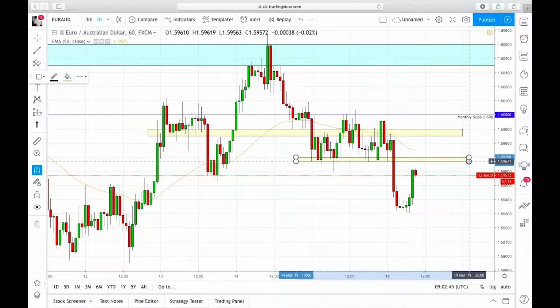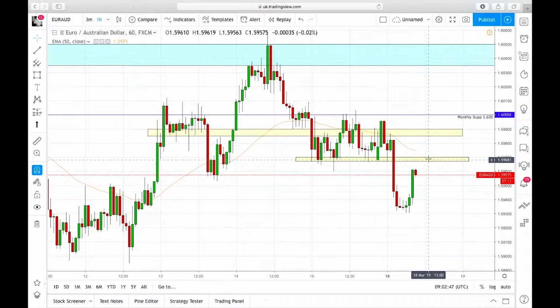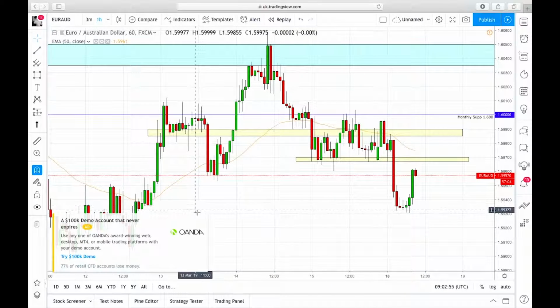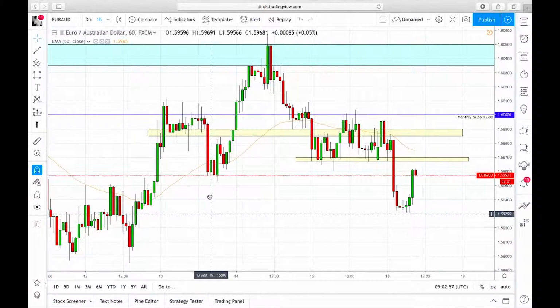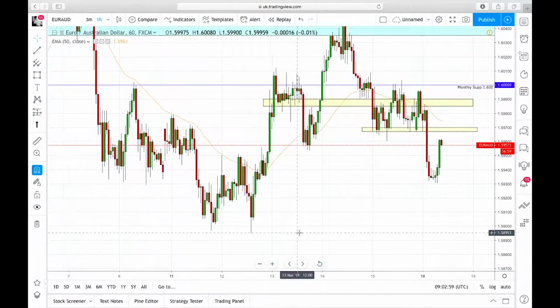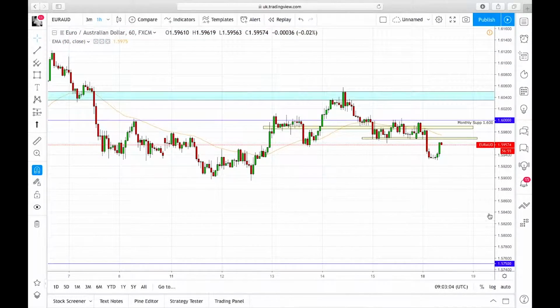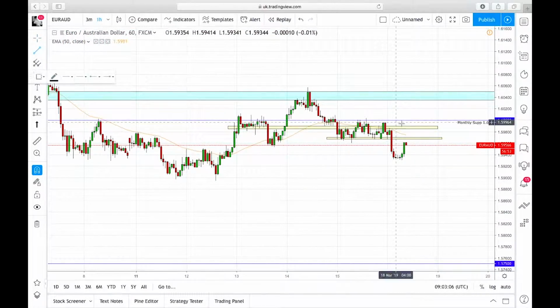So if we came into this sort of zone and we formed some bearish candlestick formations across the 15-minute to hourly time frame, I'd be looking for a sniper entry. And remember what we were saying across the longer time frames, the target being 1.57500.